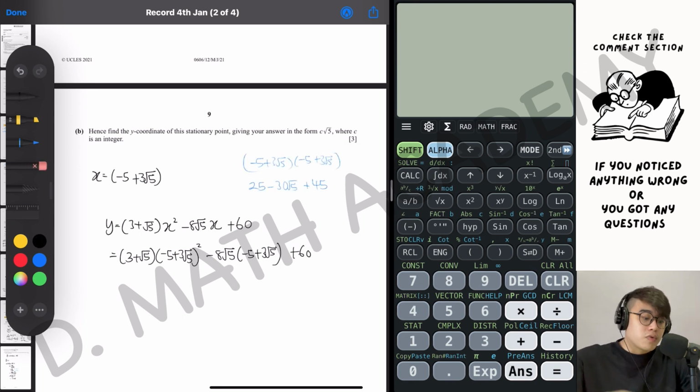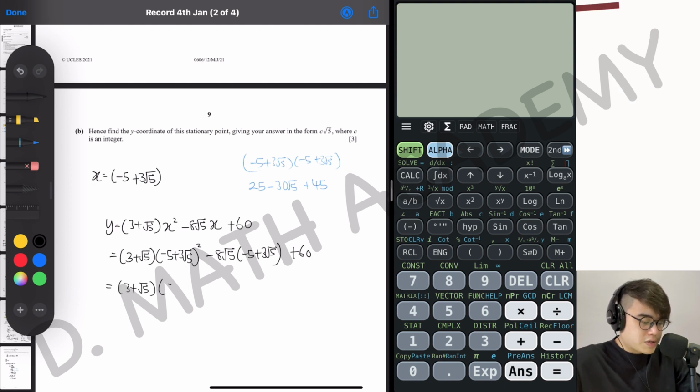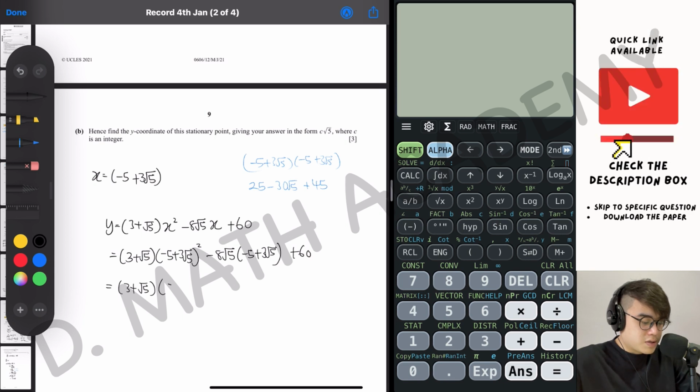After we are done with the expansion of negative 5 plus 3 square root 5 there, we will get the results as this following here. So we actually have 70 minus 30 square root 5 plus 40 square root 5 with negative 120 and 60 here, if not mistaken.